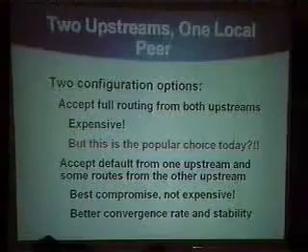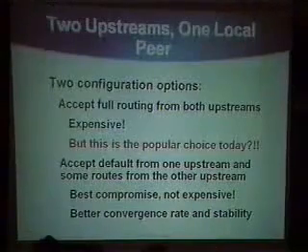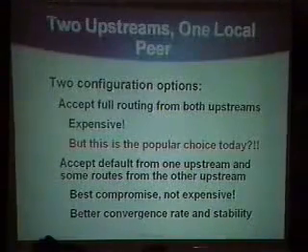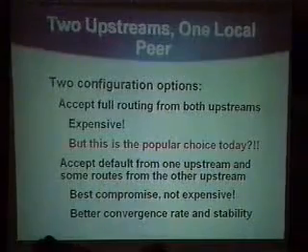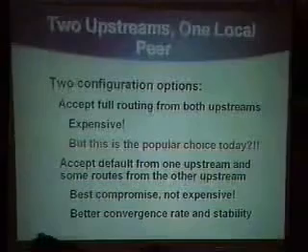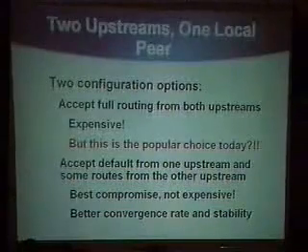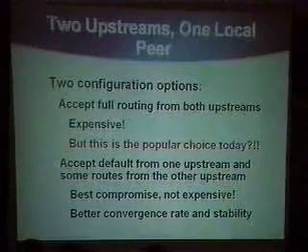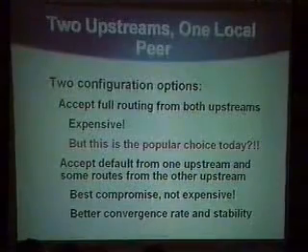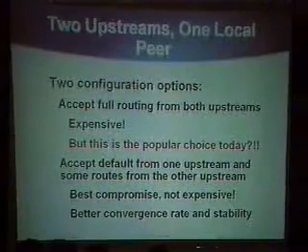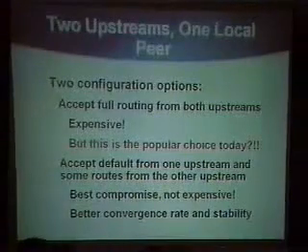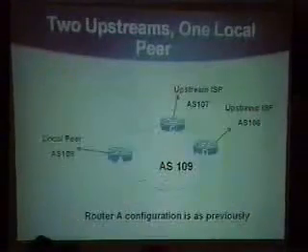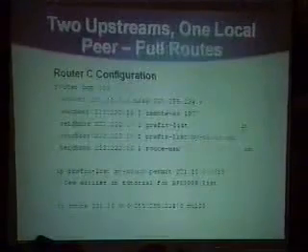But you've got to work so hard, and you've got to buy such big equipment just to deal with this. Another thing is you're carrying full routes in your backbone. Why do you want to put up with the possible instability and so forth? The Tier 1 ISPs will need to do this, but there's probably a lot of question as to why anybody else further down the chain needs to do it. So that's the picture.